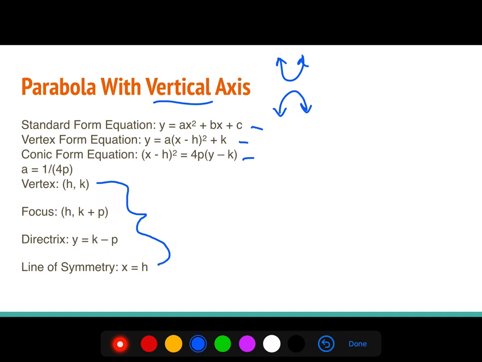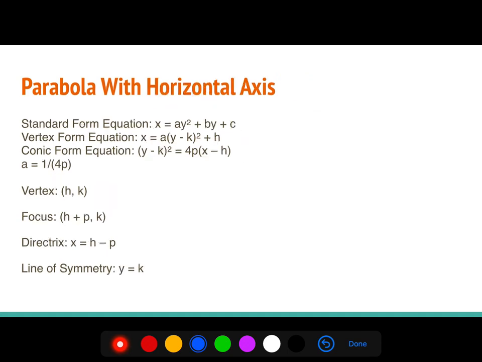They're talking about the axis of symmetry. And these are the equations that go for it. We have the standard, vertex, and conic form. There's also a root form, but we don't really use it much here. We have some key attributes, the vertex, the focus, the line of symmetry, and the directrix, and formulas for them.